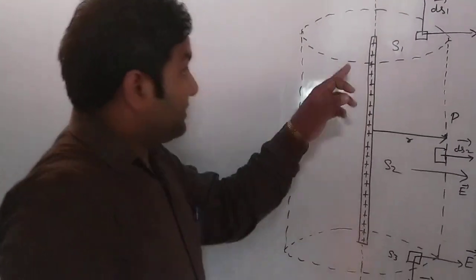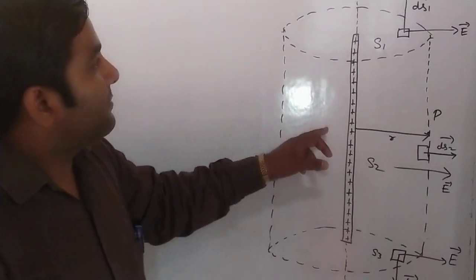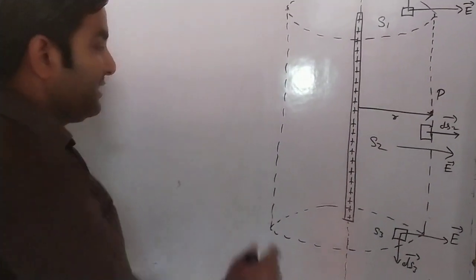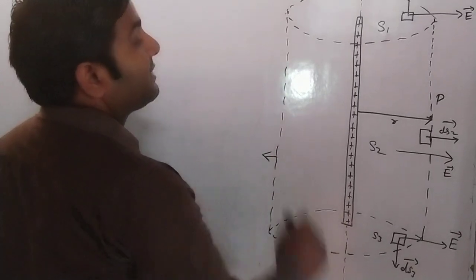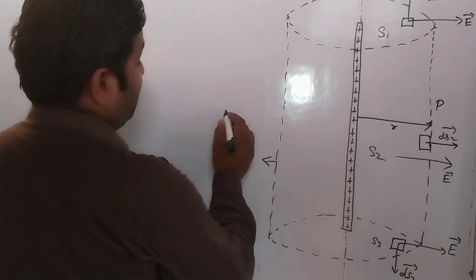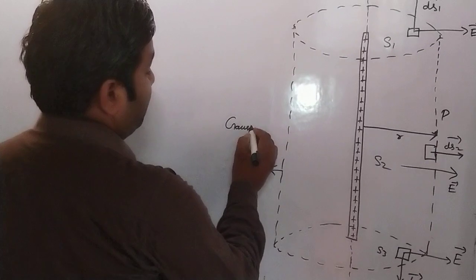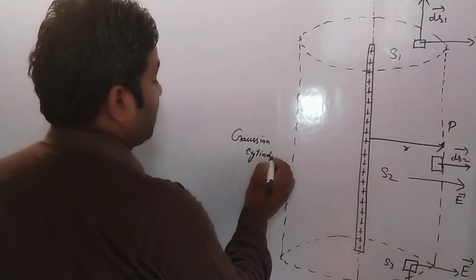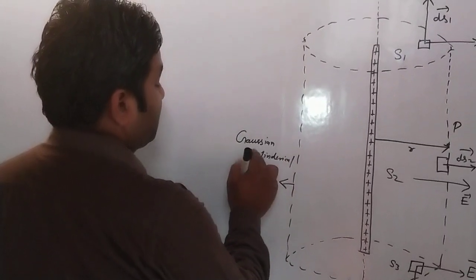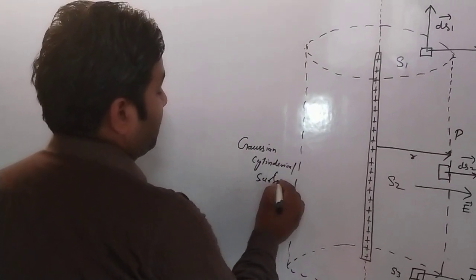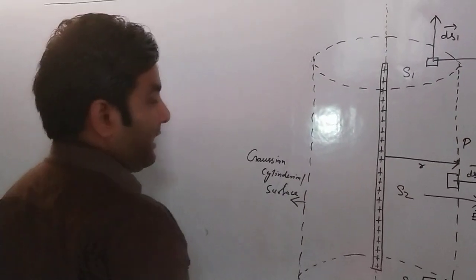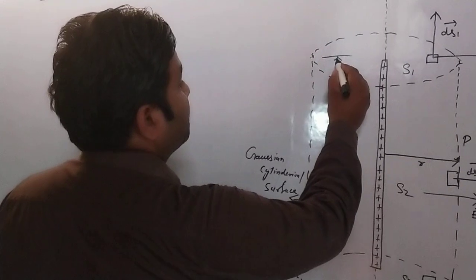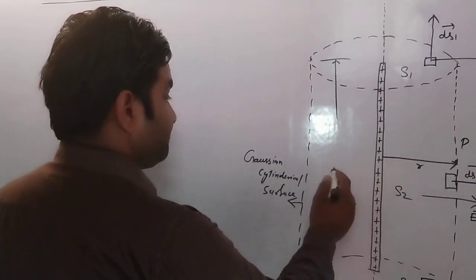With the help of this charged wire, we have to calculate the electric field intensity at point P. Here the imaginary cylinder is the Gaussian cylindrical surface. It is imaginary, and with the help of this, you can calculate the value of intensity at point P.